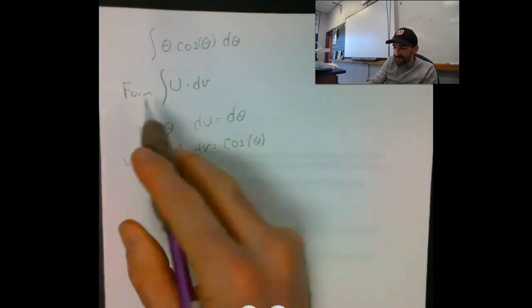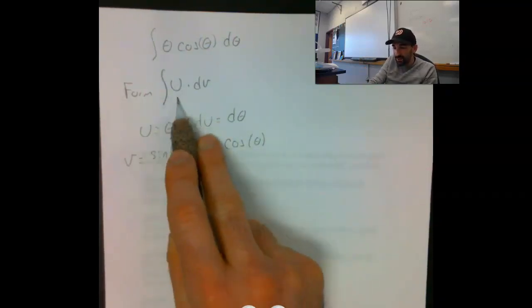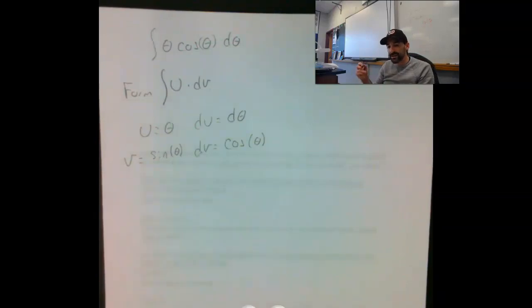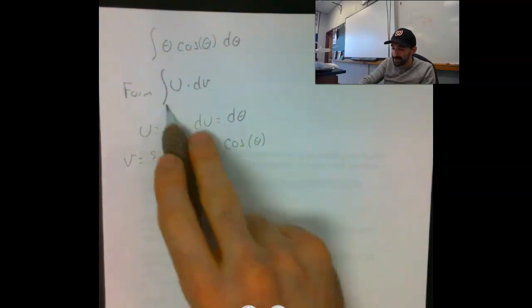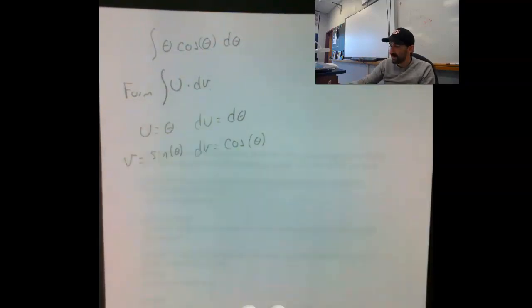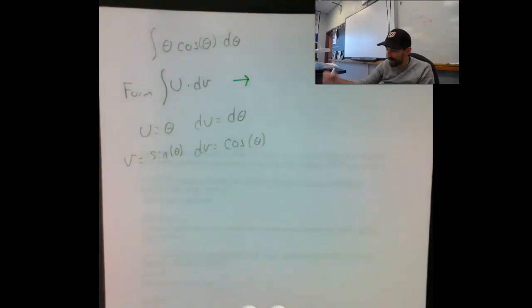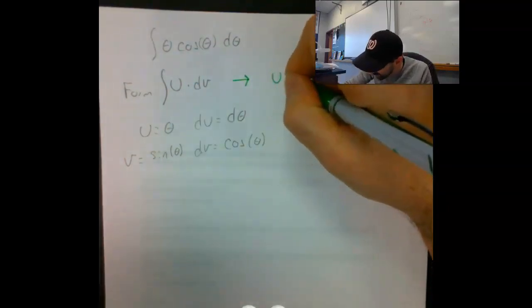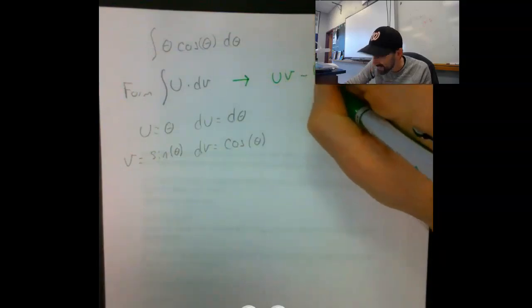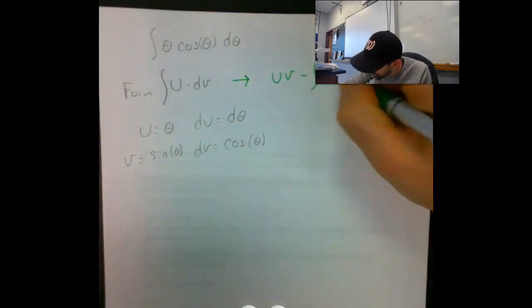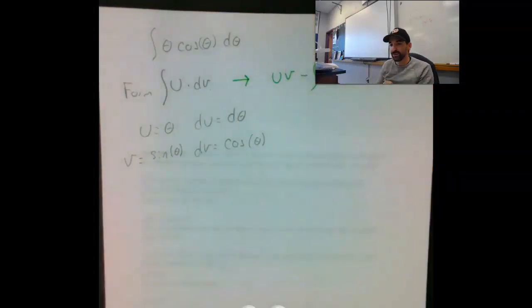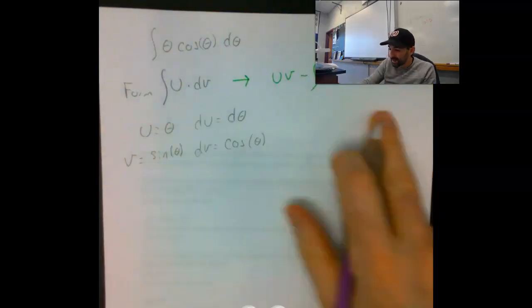Now that I have this, I'm in the form of the antiderivative of u dv. Integration by parts means this antiderivative of u dv expands to u times v minus the antiderivative of v du.